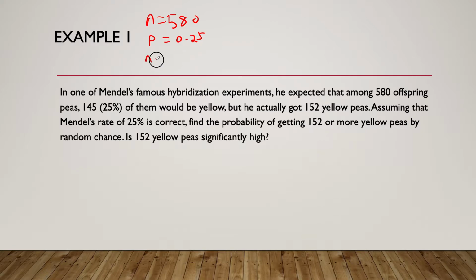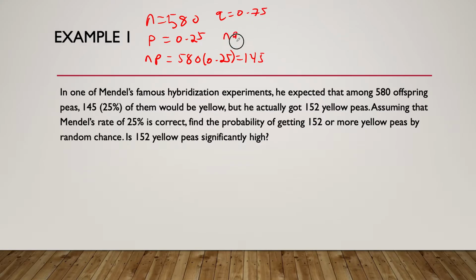So we need to check n times p. So 580 times 0.25. We'd get an answer of 145. And if p was 0.25, q is 0.75, which is 1 minus 0.25.